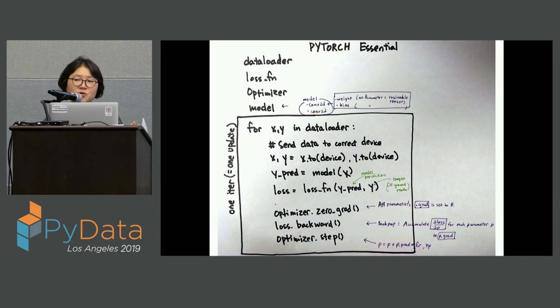So for example, your model can have some convolution layers, and the convolution layer has weights and biases in PyTorch, and these are usually parameter type data, and they are tensors, and they are trainable.